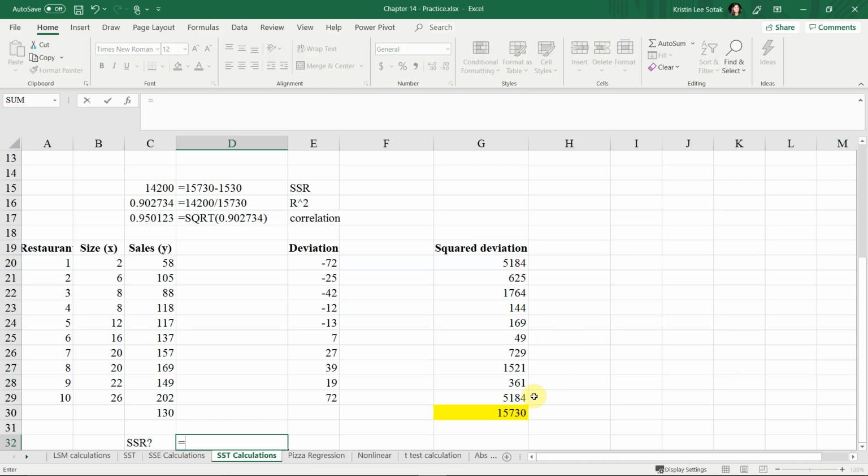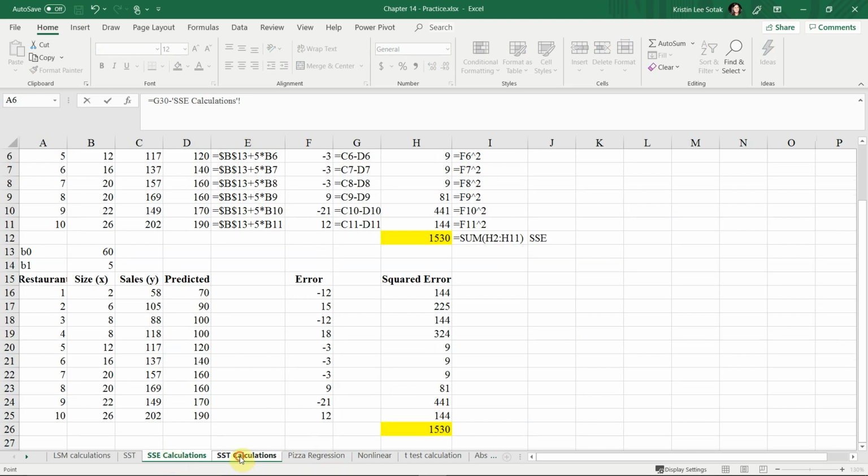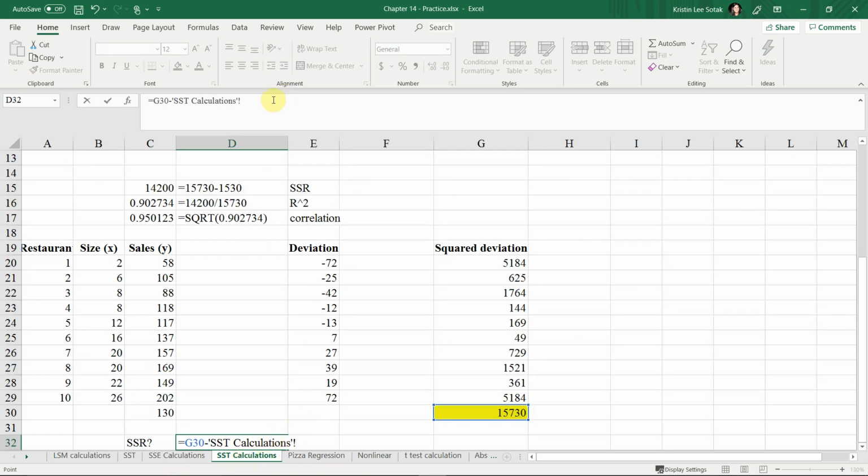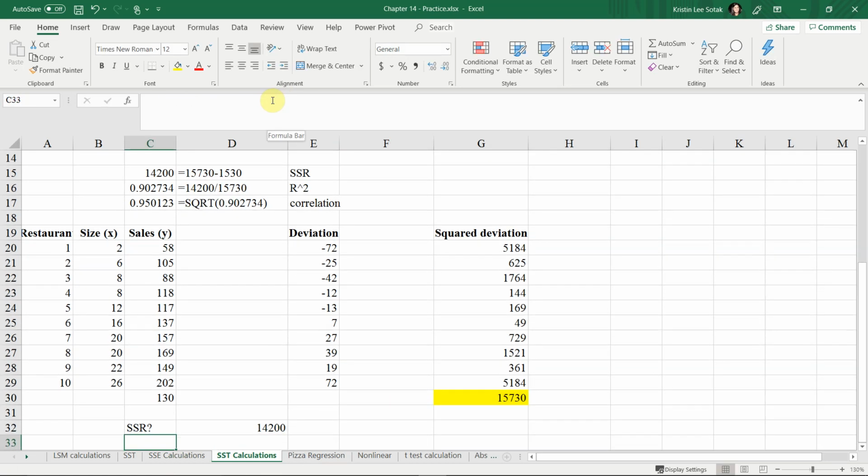So the total is 15,730, and our error, what did we calculate that as? 1530. So 15,730 minus 1530, and we get 14,200. So that's our sum of squares regression.